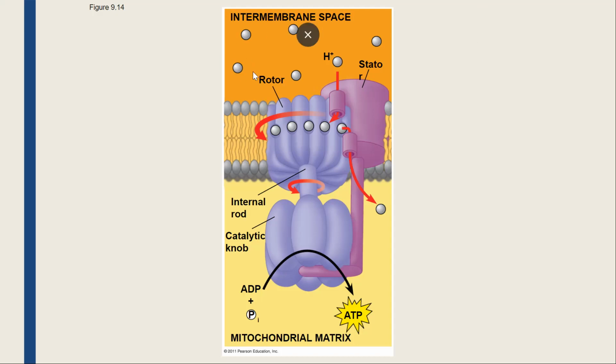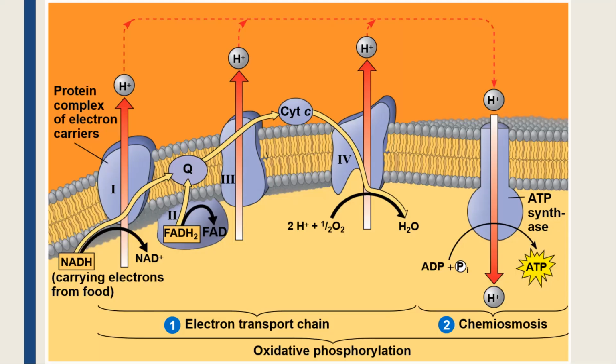The hydrogen ions will build up in the inner membrane space as a result of the electron transport chain, and then they flow through the ATP synthase enzyme. As they flow through it, that drives the generation of ATP molecules. And it's making a lot more than with substrate level phosphorylation, so we get a lot more ATP from this process.